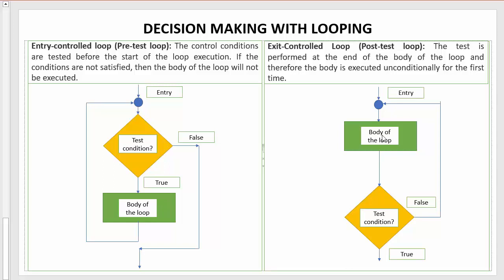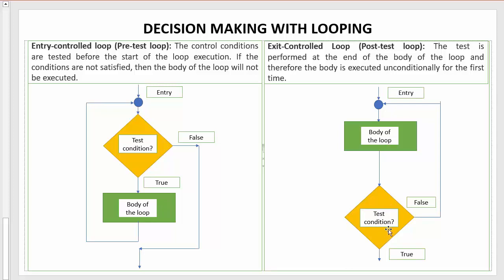In this approach the body of the loop gets executed first and then the condition gets tested. That is what post-test means. The test is performed at the end of the body of the loop, and therefore the body is executed unconditionally for the first time. Unlike the pre-test loop, first the set of statements present in the body of the loop gets executed, then the control comes to the condition where it gets evaluated.